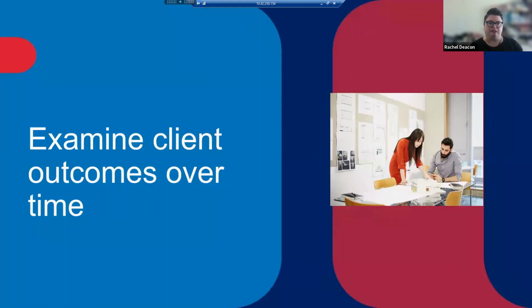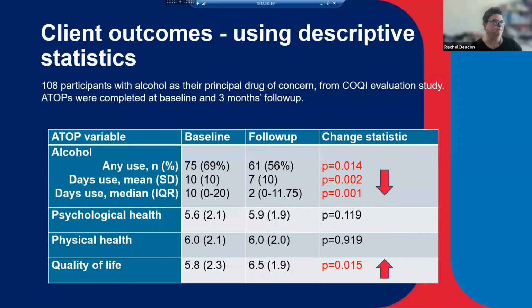So then the next step after looking at cross-sectional data, whether it might be clients coming into a service or all clients within a service, is having a look at client outcomes over time. Now, in this group, one way to approach client outcomes is to use traditional descriptive statistics.